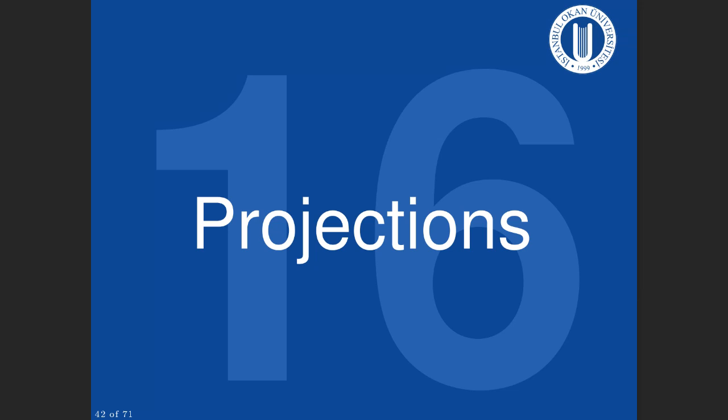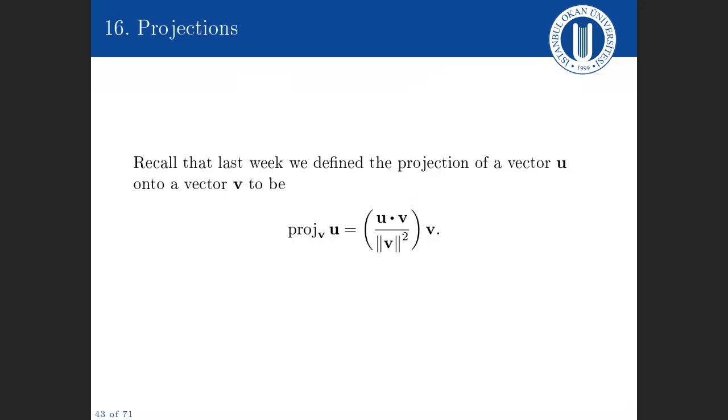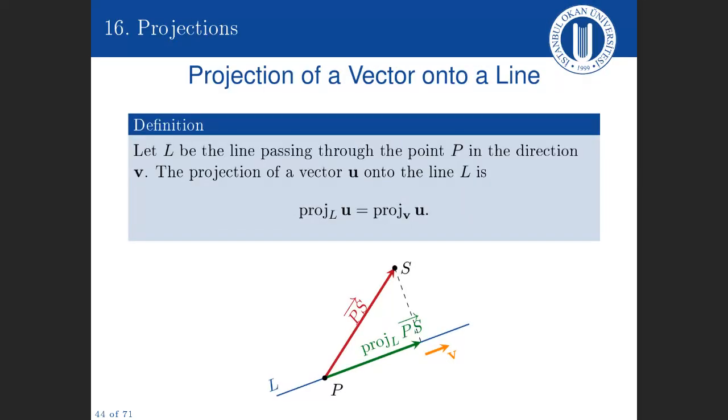Our final chapter for this week is projections. Last week we defined the projection of a vector u onto a vector b to be given by this formula. I want to extend this idea this week. The first type of projection we're going to talk about is the projection of a vector onto a line.